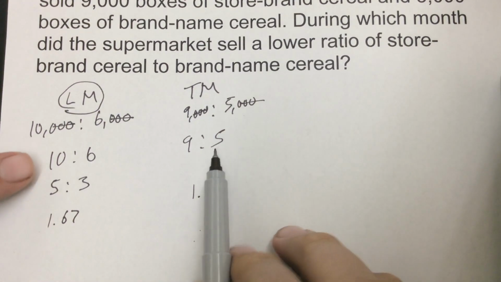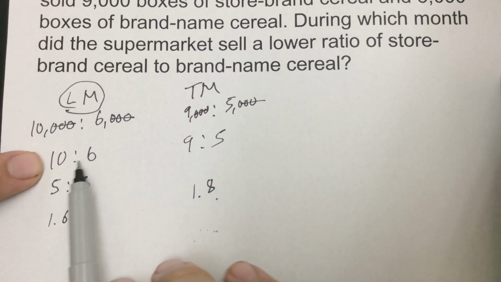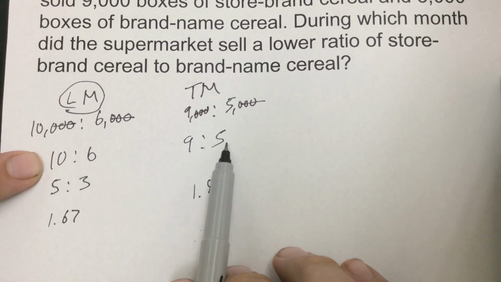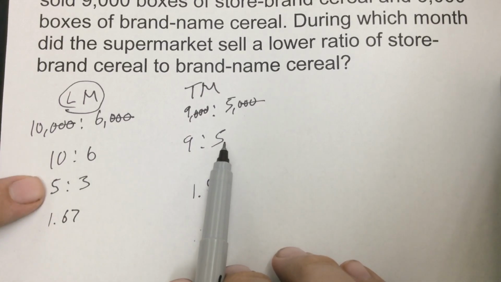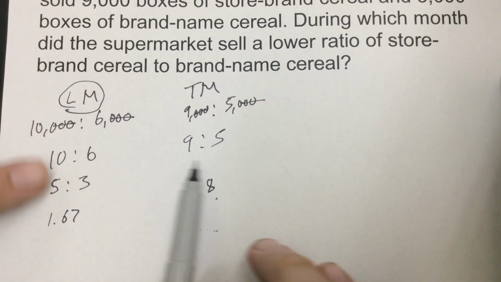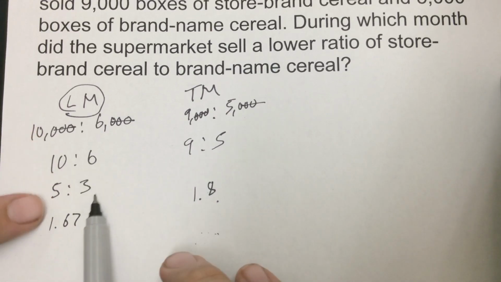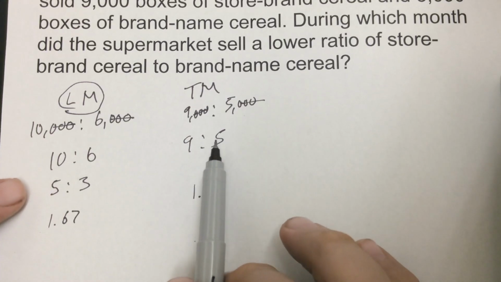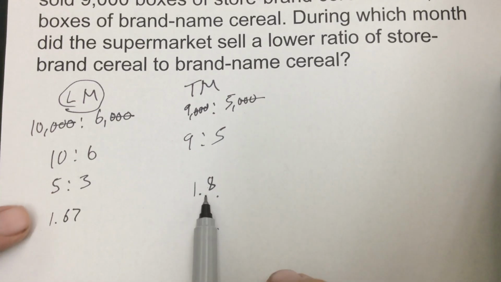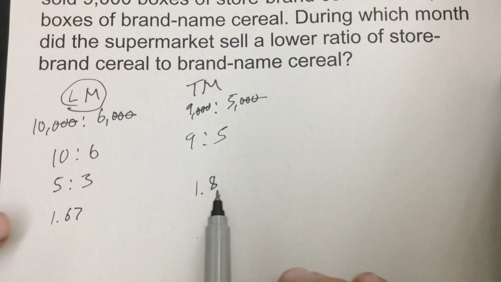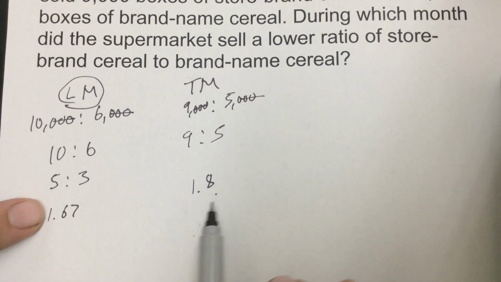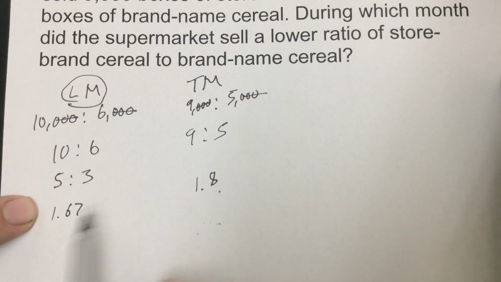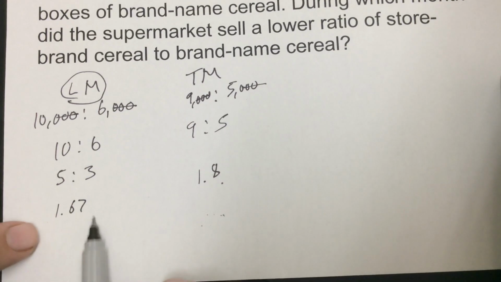So sometimes you can look at them and go, oh yeah, 10 to 6 versus 9 to 5, or in other words, 5 to 3. This one here is a lot closer versus a little further away. It should be the bigger one. But again, take the first number divided by the second, you'll get a decimal, then you'll surely be able to know that, oh yeah, there's your 1.8, this is our 1.67, clearly this one's smaller.